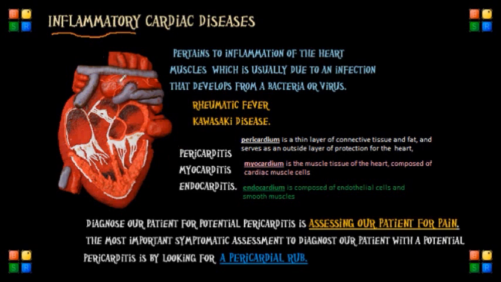The heart wall is comprised of three layers, right? The outer epicardium that covers the pericardial layer or the pericardium, the middle myocardium layer, and the inner endocardium layer. So it's important to mentally distinguish between the pericardium, your myocardium, and the endocardium layers of the heart wall.